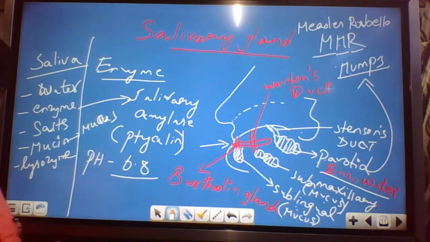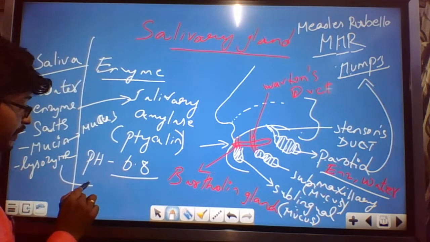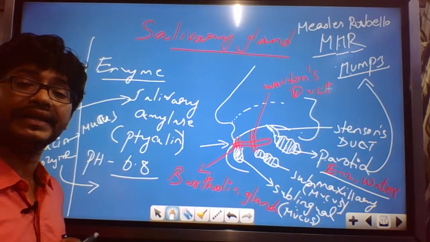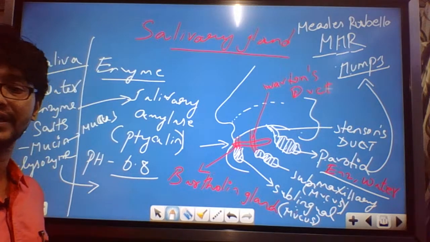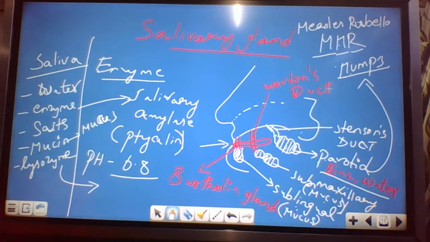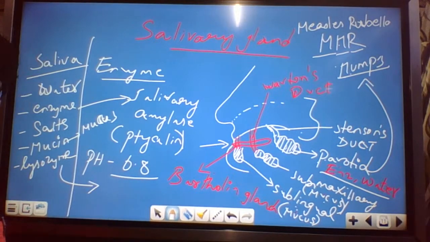Lysozyme. There is one property of lysozyme. Its main property is that it is bactericidal, which kills bacteria, because lysozyme is a kind of enzyme. You would have studied in phagocytosis the enzyme called lysozyme, which acts against and kills bacteria.